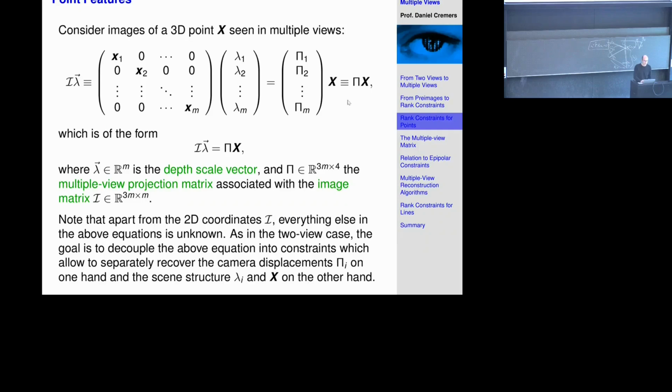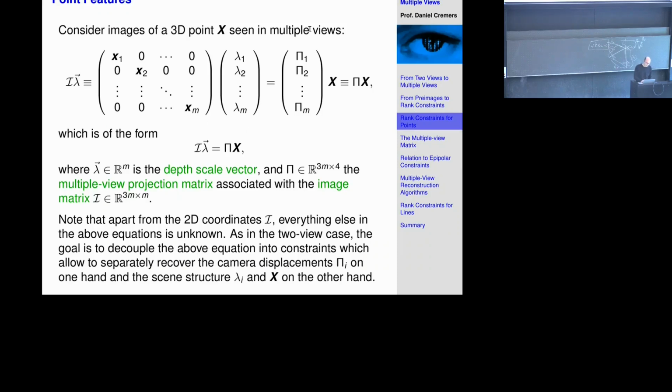But let's look at the projection of a point into M images. So here, this is the point X, and this is the projection into a set of images, pi, and these are projections into M images, and they're given by the 2D coordinate x1 times the corresponding depth value lambda 1, or in image 2, x2 lambda 2, image M xm lambda m.